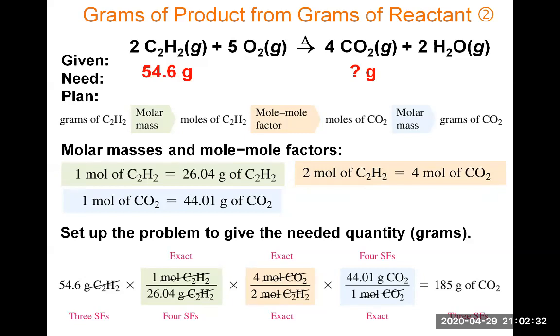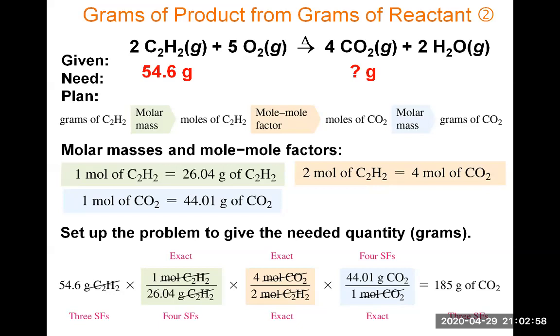And here there are 2 denominators to divide with. So divide by 26.04 and divide again by 2. And you should get a calculator answer of 184.558, etc. So that's the calculator answer.